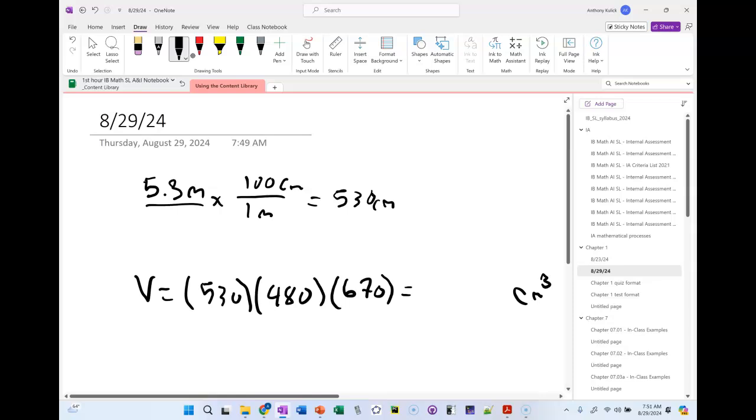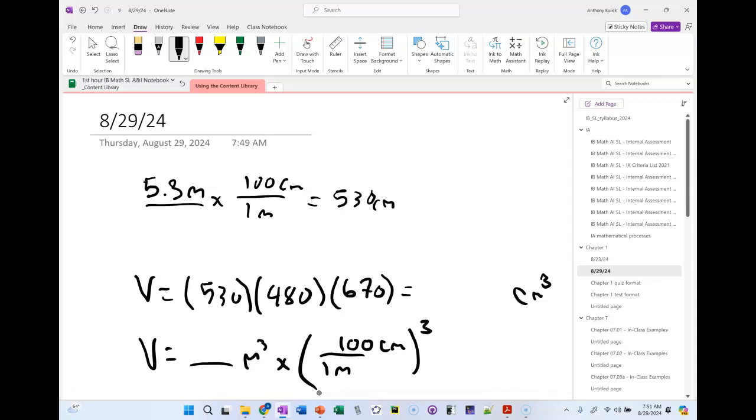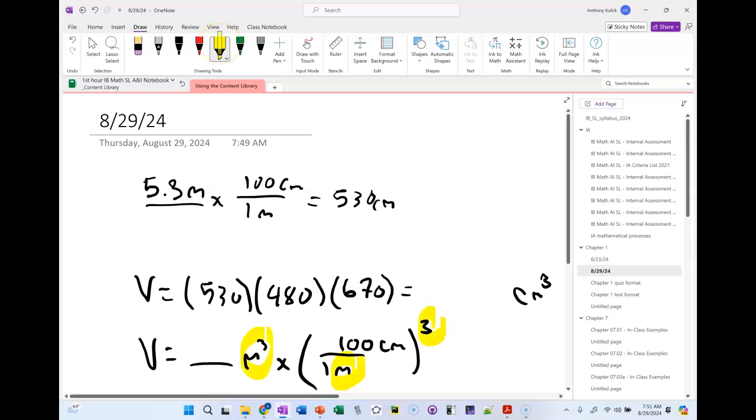Now, if you had done it after, so if your volume is whatever meters cubed, to change that into centimeters cubed, I have to multiply by 100 centimeters over 1 meter, cubed, because the unit has to match, right?